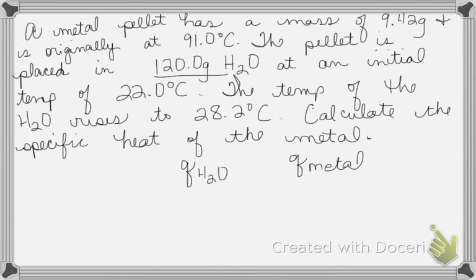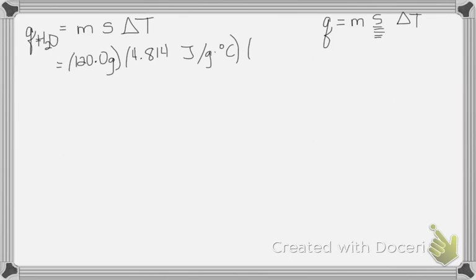What's the delta T for the water? Where does the water start? The water starts at 22. The water ends at 28.2, for a delta T of 6.2 degrees Celsius. So then Q for the water is 3.11 times 10 to the third joules.